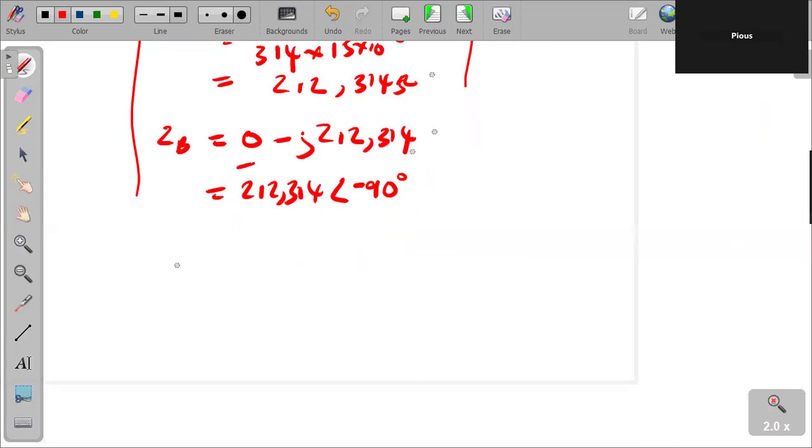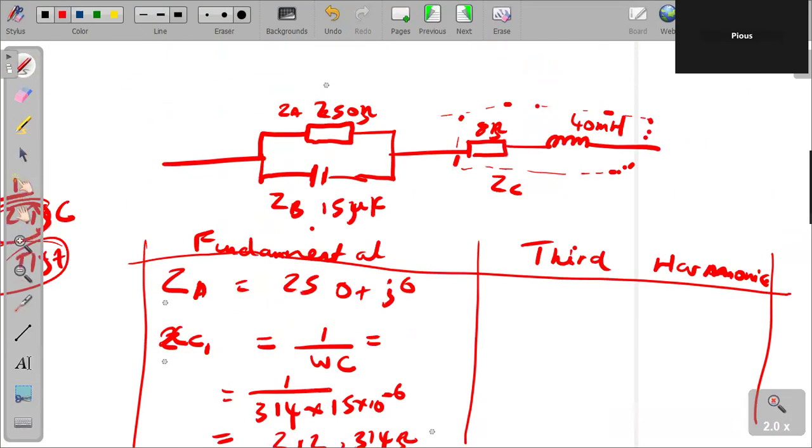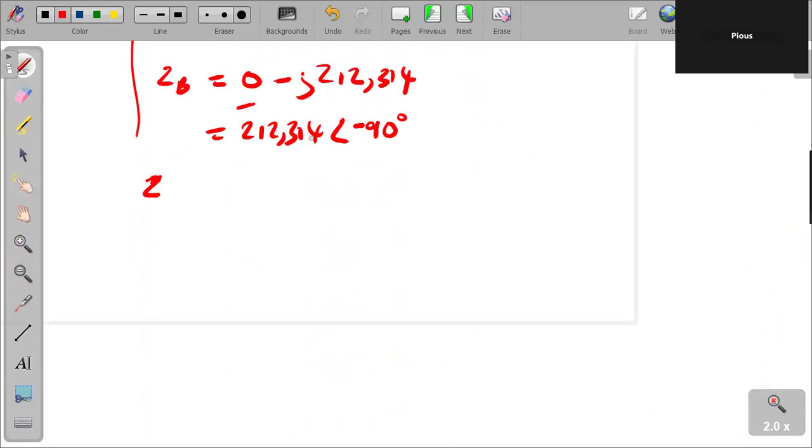So where are we heading now? We would want the equivalent impedance of ZA and ZB. They are parallel, so it means it's product over sum. So we need the sum ZA plus ZB, so that we divide into ZA times ZB. ZA plus ZB is 250 plus J0 plus 0 minus J212.314.